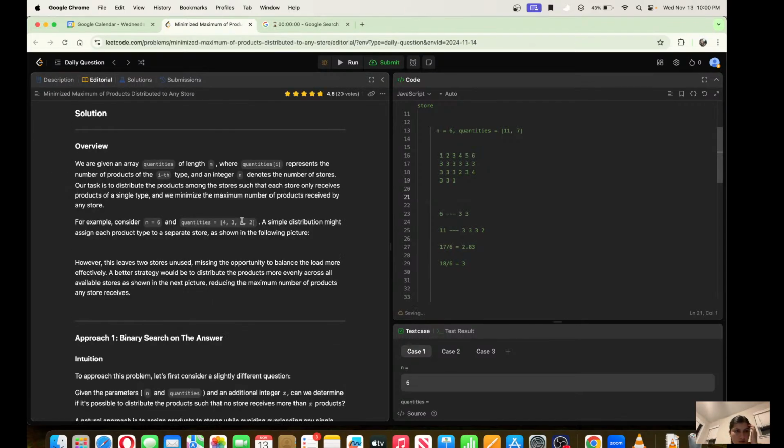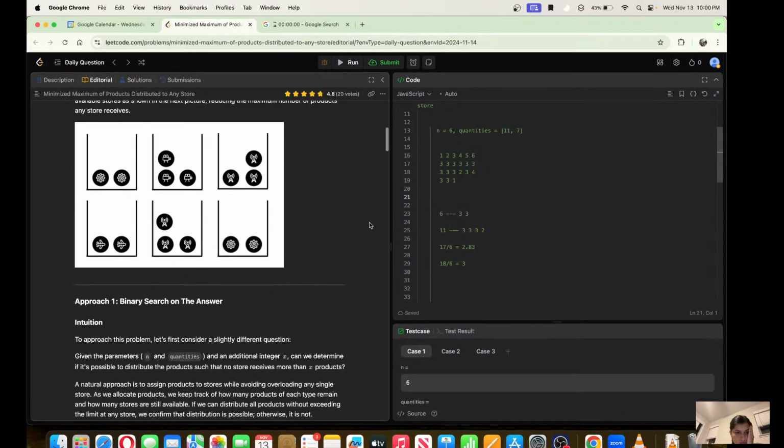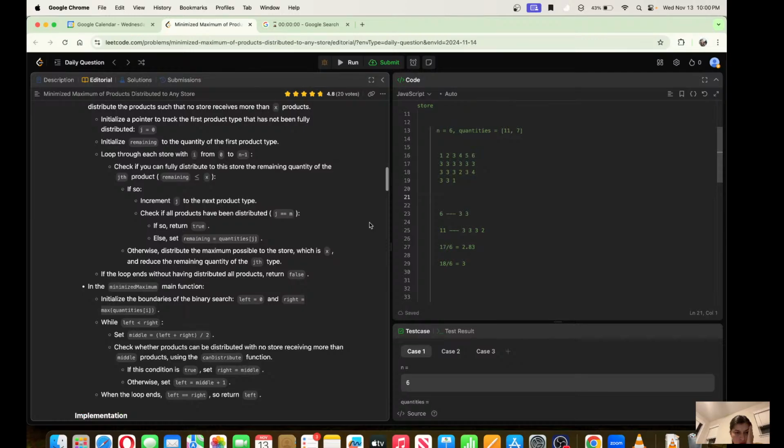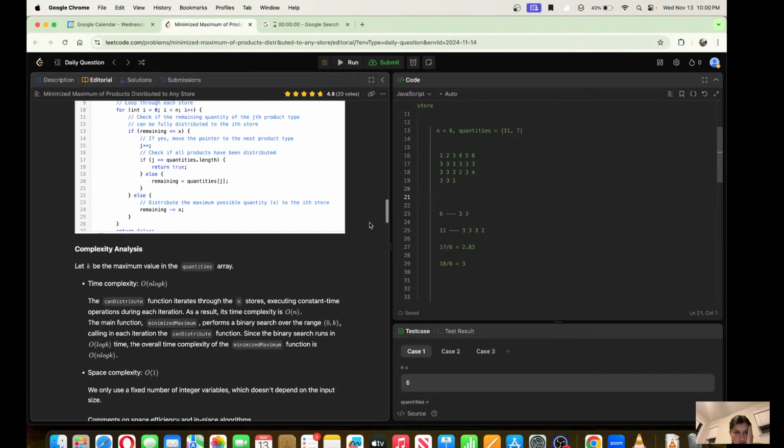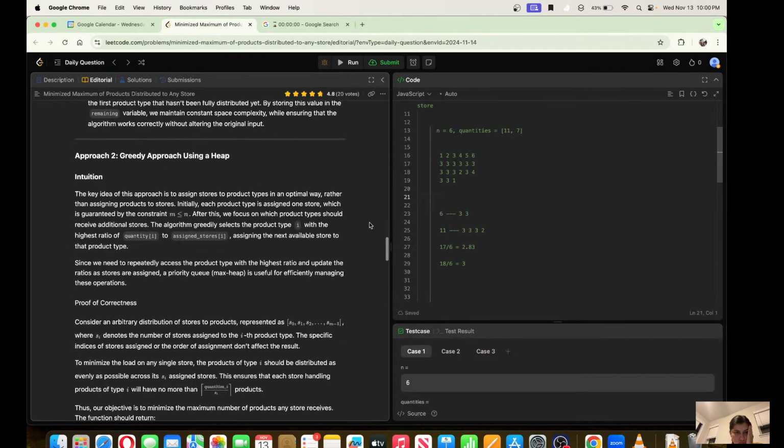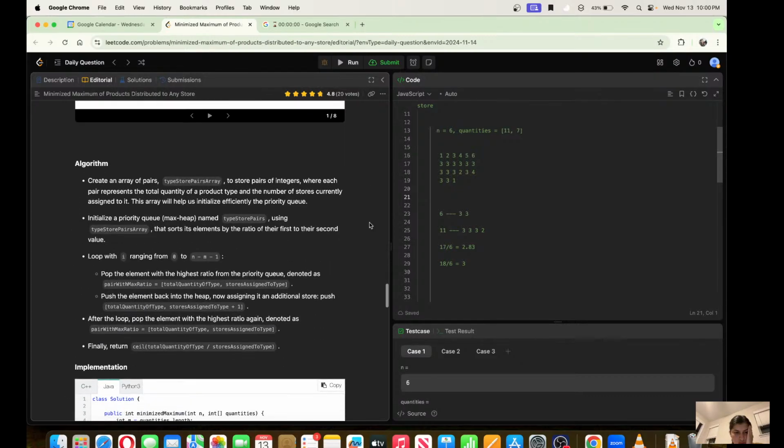Let's look at the editorial now. Binary search on the answer. Greedy approach using a heap.